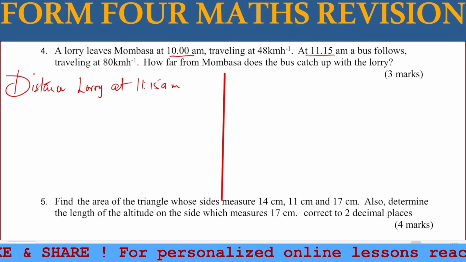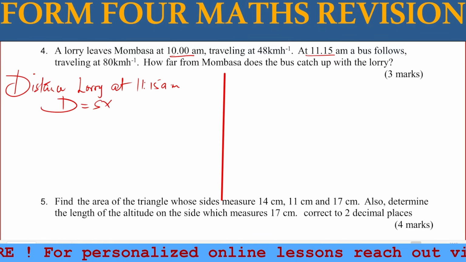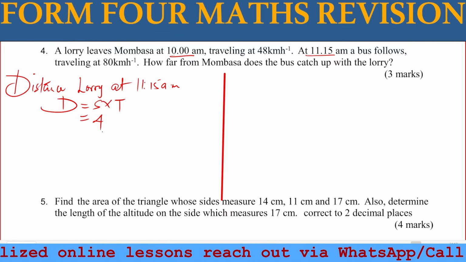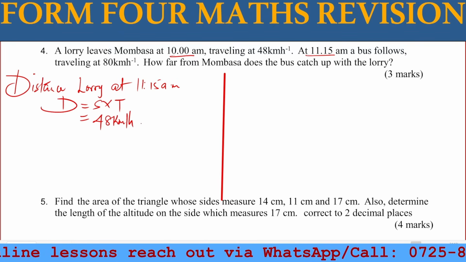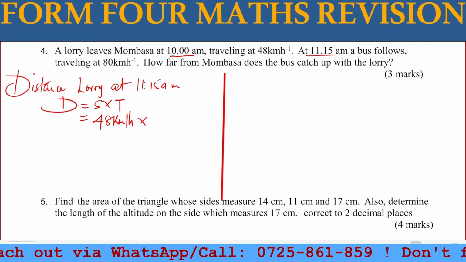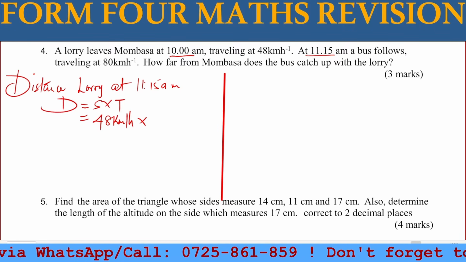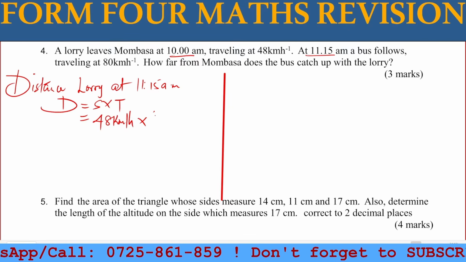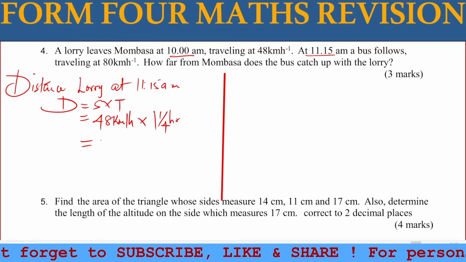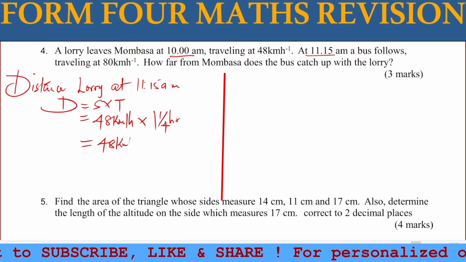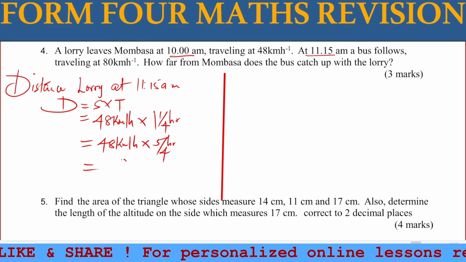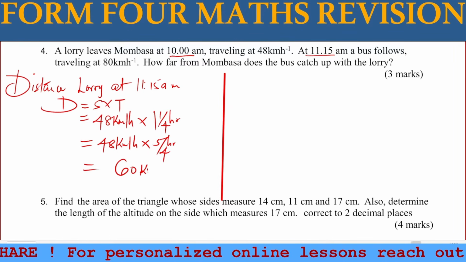So how do we get the distance? Distance is speed times time. The speed of the lorry is 48 kilometers per hour, and the time from 10 a.m. to 11:15 a.m. is a difference of 1 hour and 15 minutes. So this will be 48 kilometers per hour times 5/4 hours, and this will give 60 kilometers.